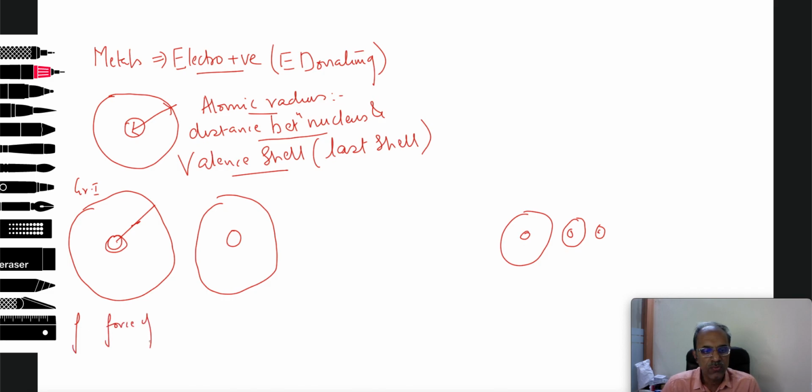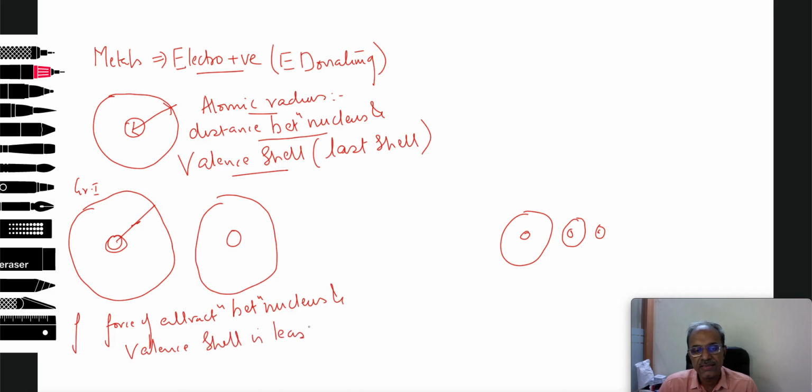Force of attraction between nucleus and the valence shell is least in metals. Why? Because they have a very large atomic radius.